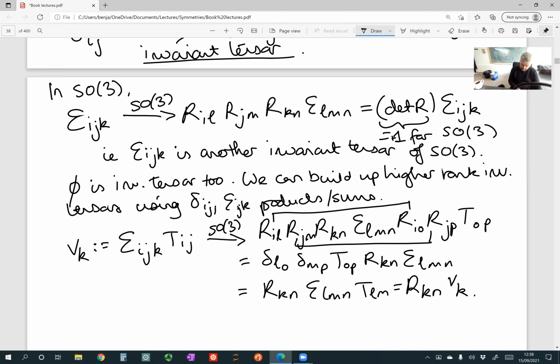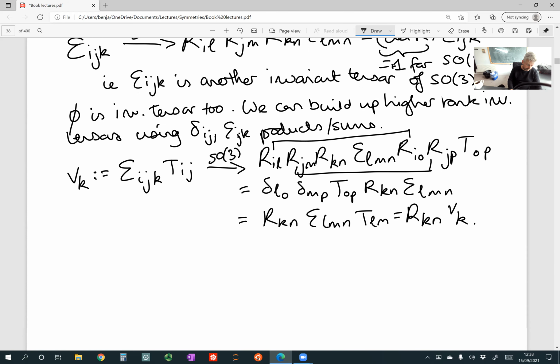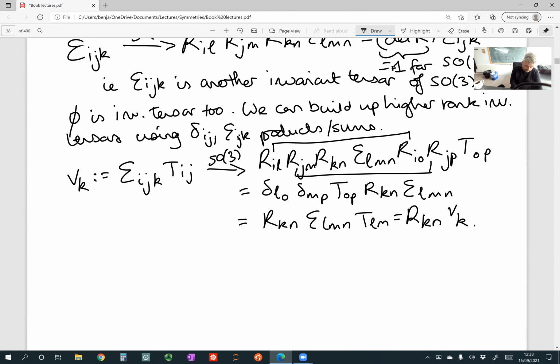So what happens here, after all the dust has settled, the fact that we've got one unsummed index means that actually that index itself only gets one factor of R. So what we've done is anti-symmetrize.